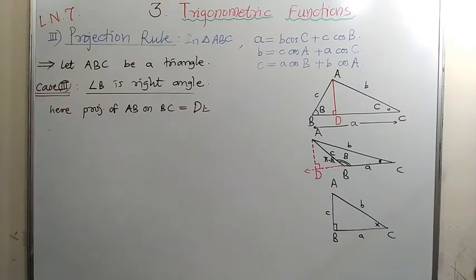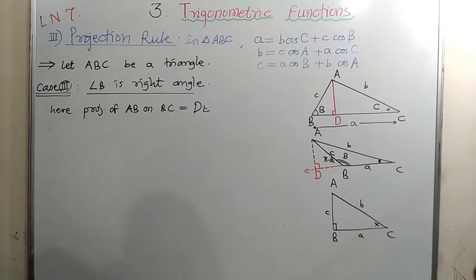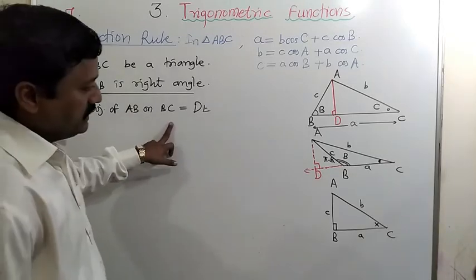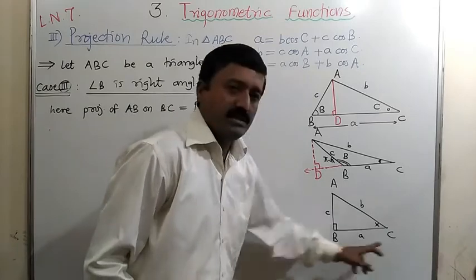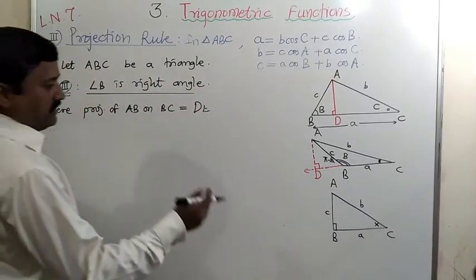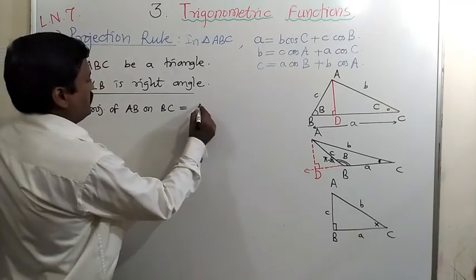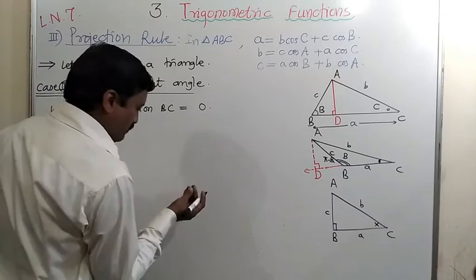Here, once again, find the projection of AB and AC in the similar way. The projection of AB on BC is equal to 0, because AB is perpendicular to BC, so it is equal to 0.